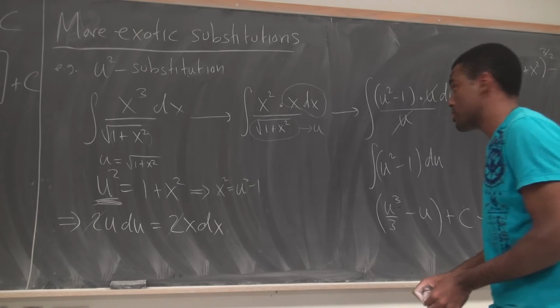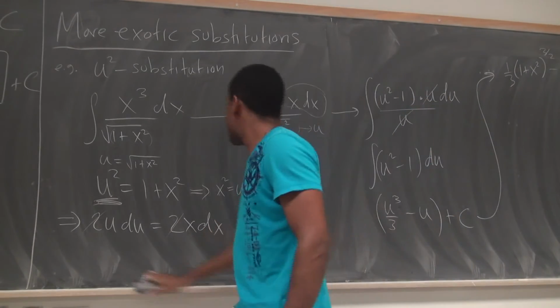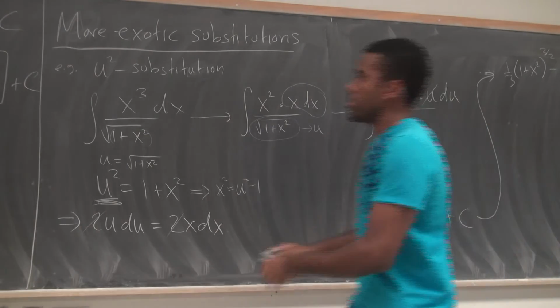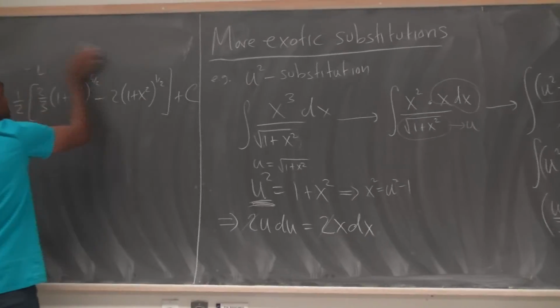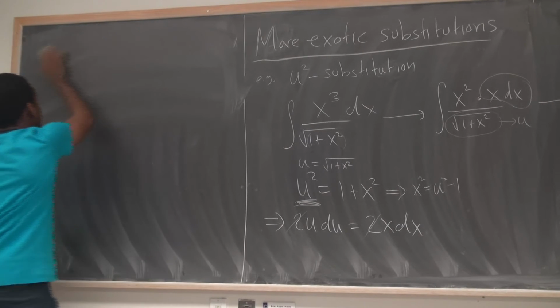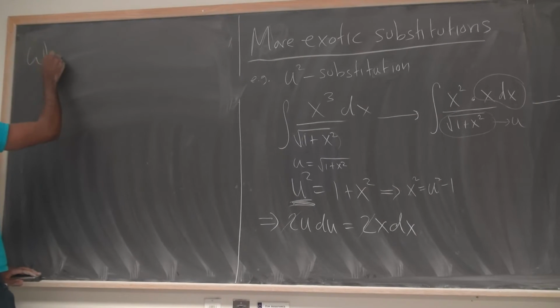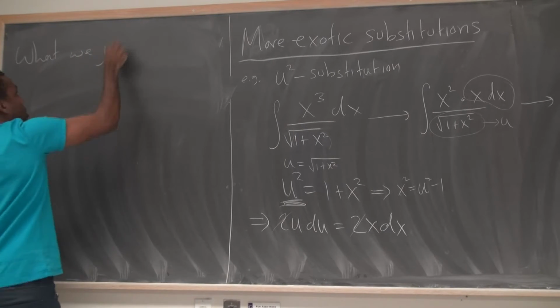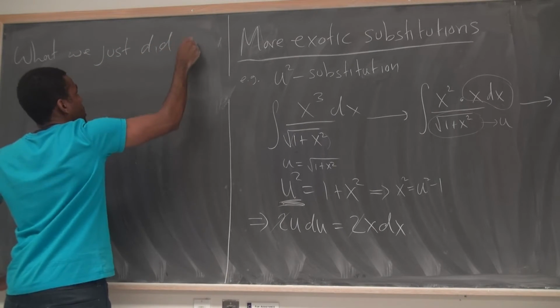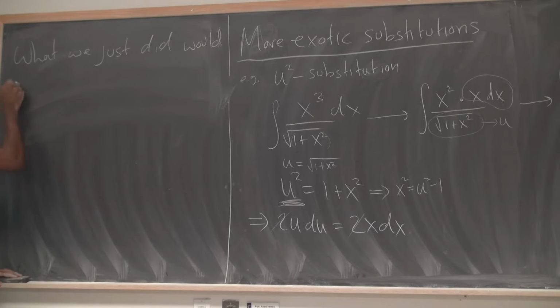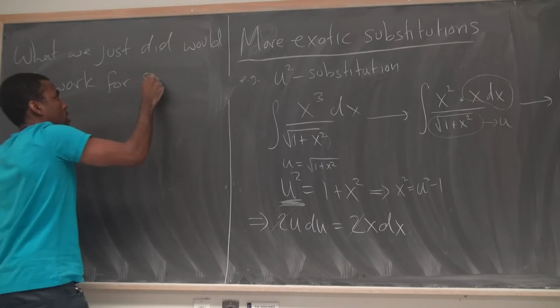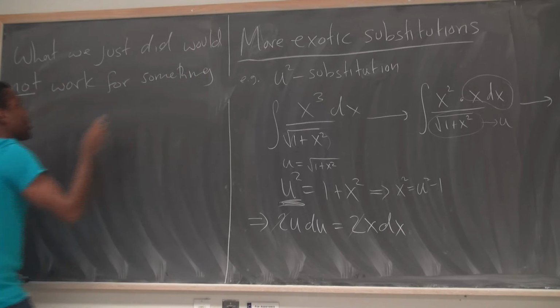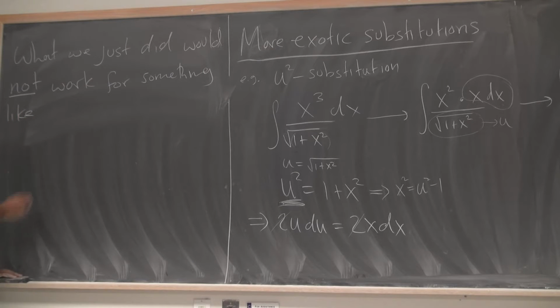So for example, let me get rid of over here. What we just did would not work for something like, so we just did what? x cubed over the radical of 1 plus x squared, right?